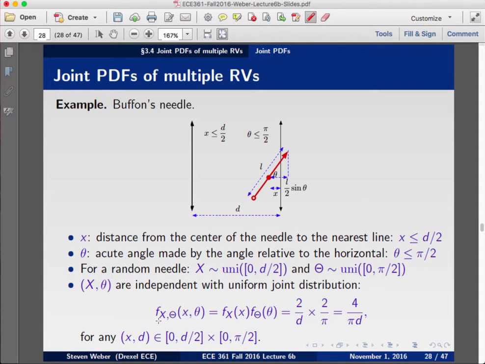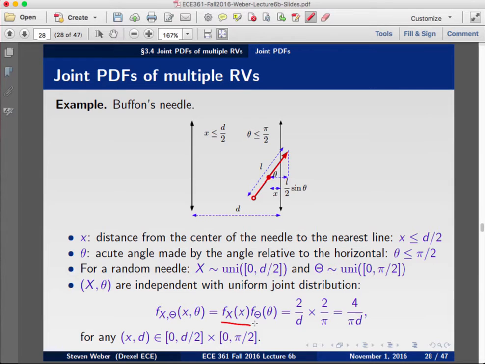When I have a pair of continuous random variables with joint PDF, if they're independent, then their joint PDF is equal to the product of their marginal PDFs. Now, in this case, we know the marginal PDFs. In particular, we know that the random variable x is uniform from 0 to d over 2, and therefore the PDF of any value x in that support is 2 over d. Recall that the uniform distribution must integrate to 1, so that's required.